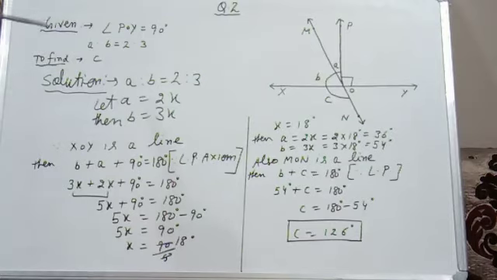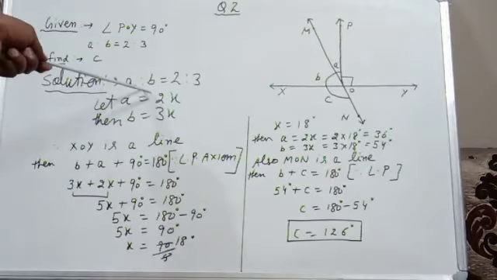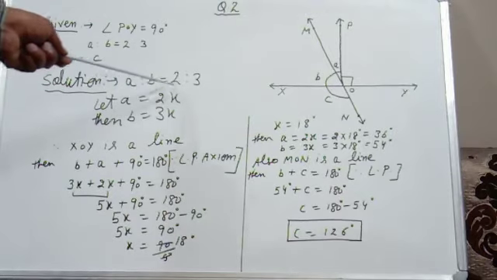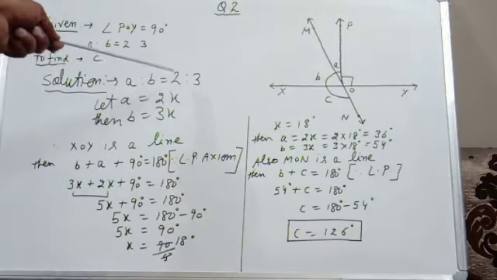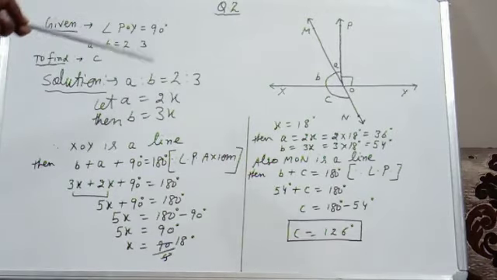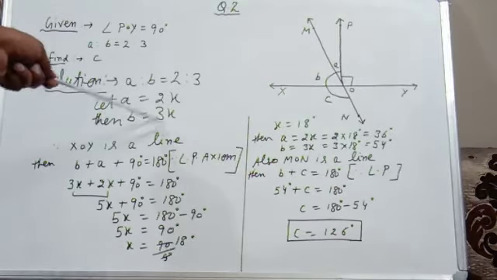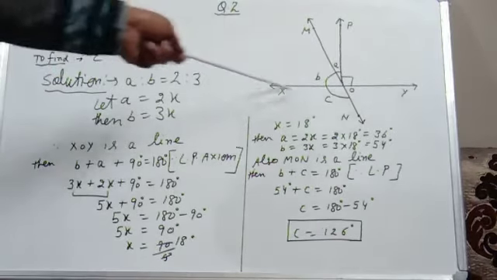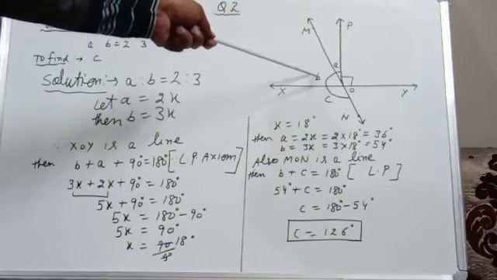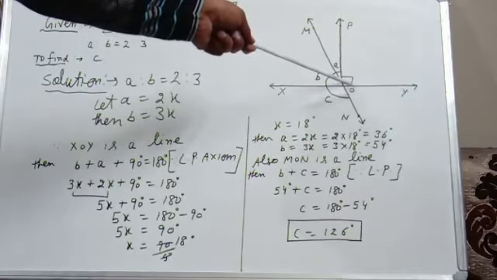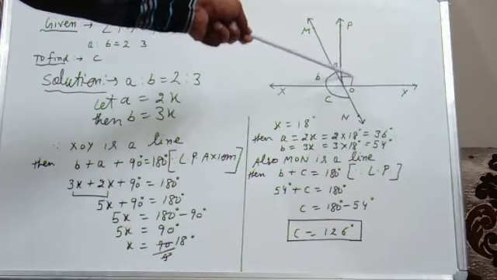This is a very important question. If a ratio is given, then we start the solution with the ratio. To remove the ratio, we generally apply x with 2 and 3. So let angle A be 2x and angle B be 3x. Now let us take this line. XOY is a line. So the sum of angle B plus A plus this angle, whose value we know already, the sign means 90.